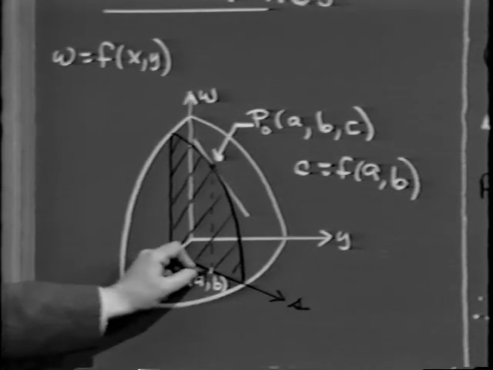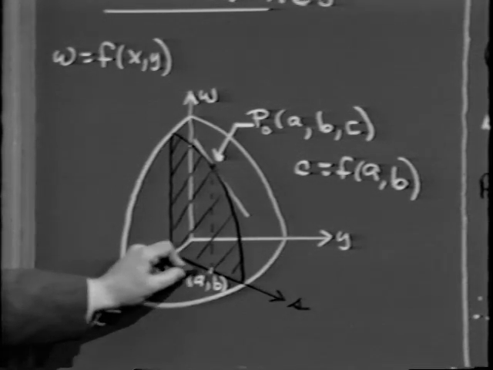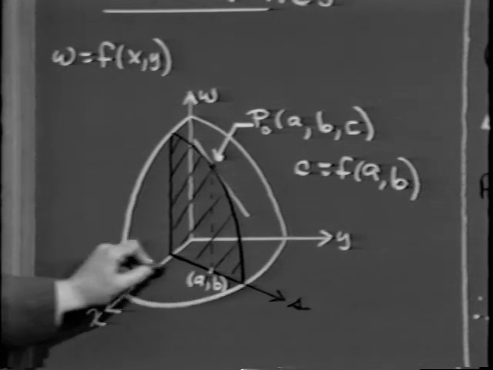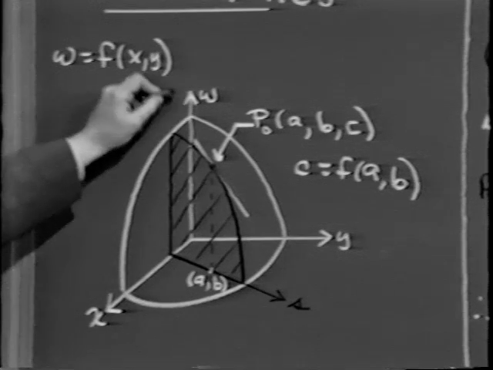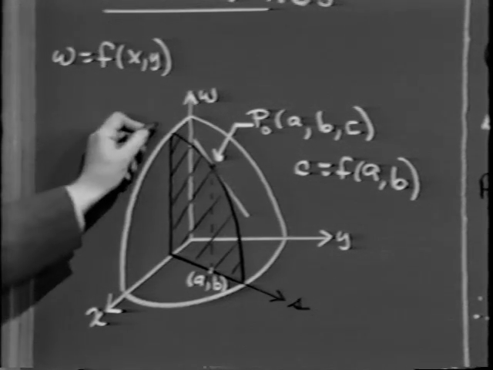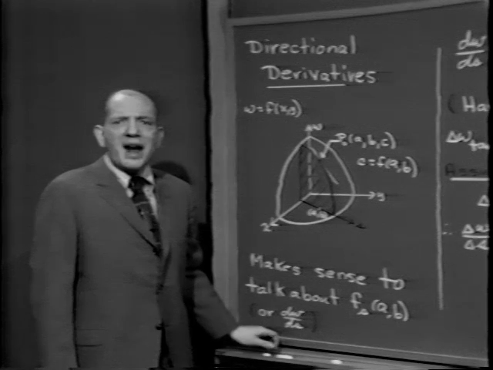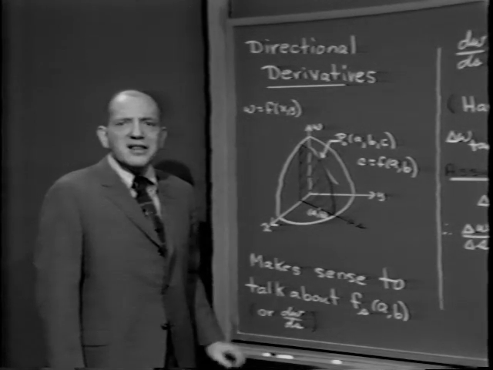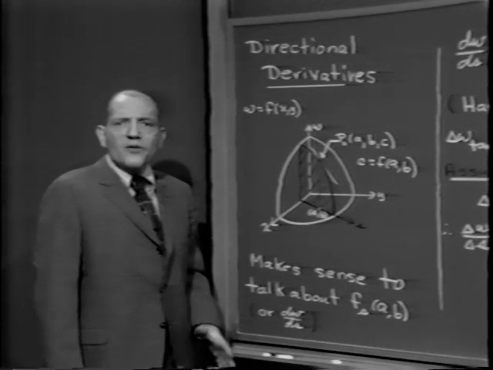Now, what we did last time was we essentially said, look, if we were to slice this surface by a plane which was either parallel to the wy plane or to the wx plane, we get special curves of intersection, and we use this to indicate the idea of partial derivatives. Now, without too much imagination, I think it should be very easy for you to visualize an arbitrary surface over your heads.